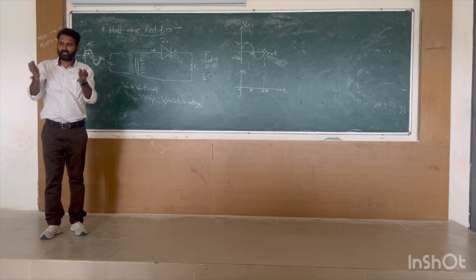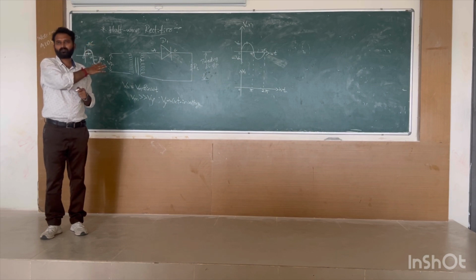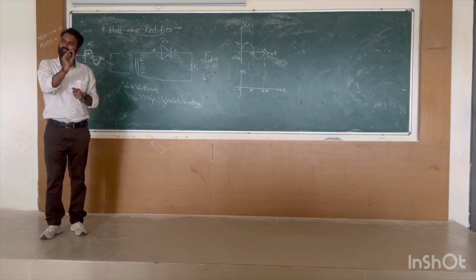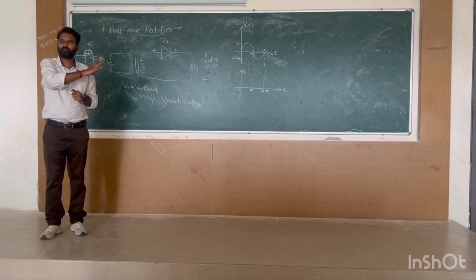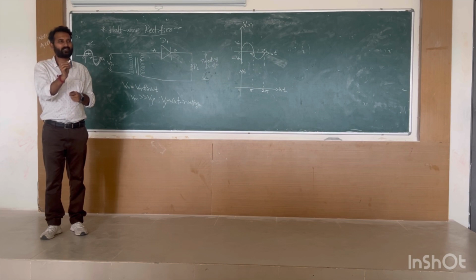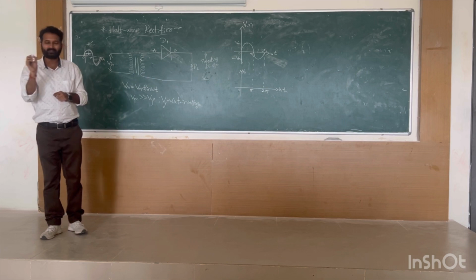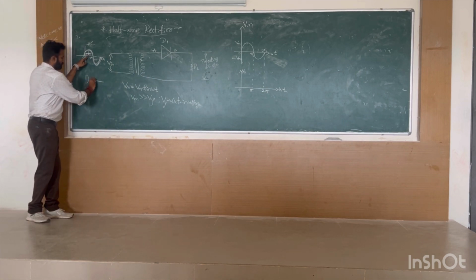Let me explain more. Listen carefully. When it comes to unit 2, it's an important point. Whatever the question is, it may be half-wave rectifier, full-wave rectifier, whatever it is, when you are answering the working principle or operation, you should start your answer with the positive half cycle.